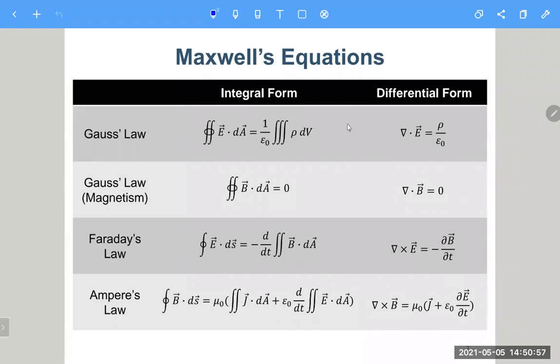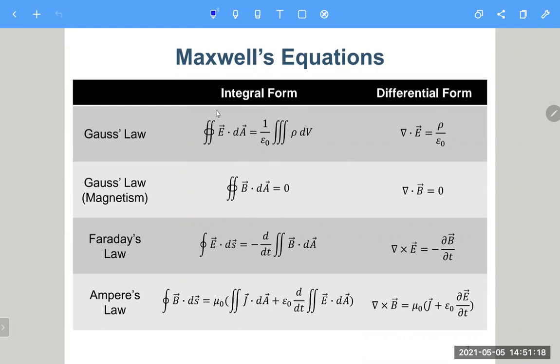So here, when we try to compare the corresponding integral form and the differential form, Gauss's law has the surface integral of E equal to this one, and this surface integral corresponds to this one.